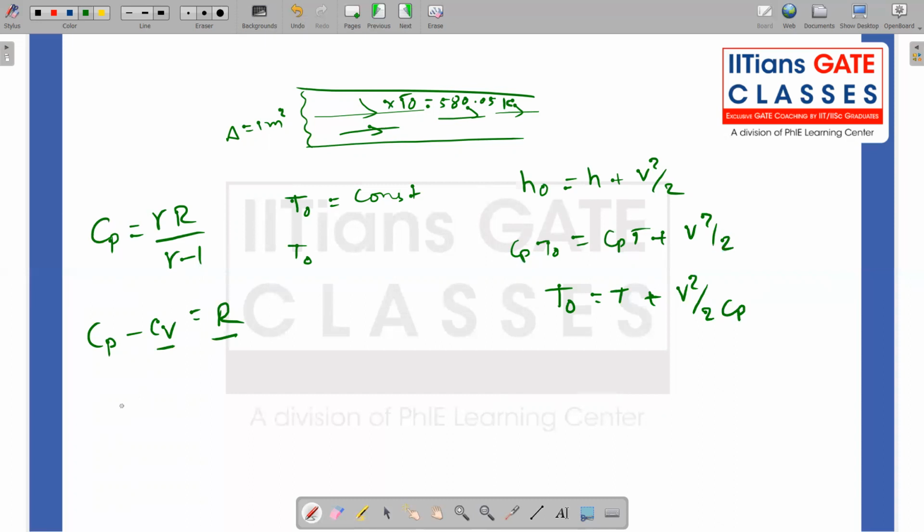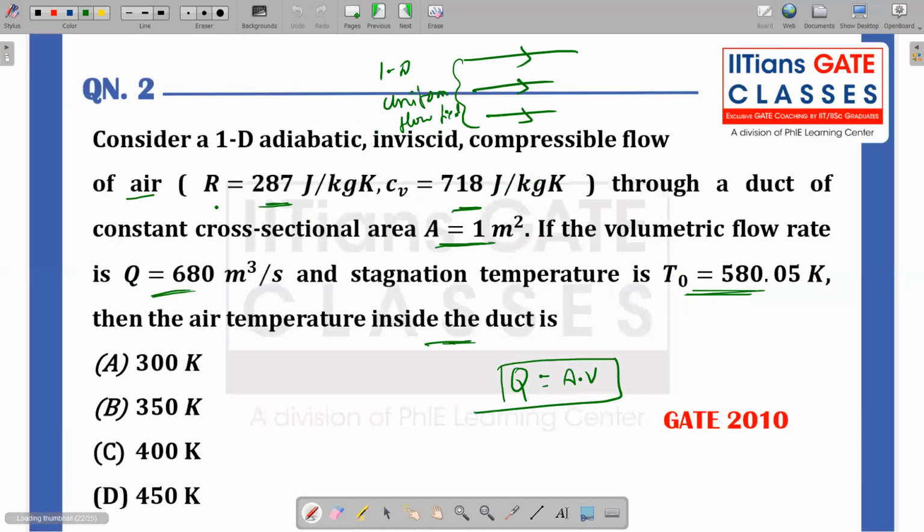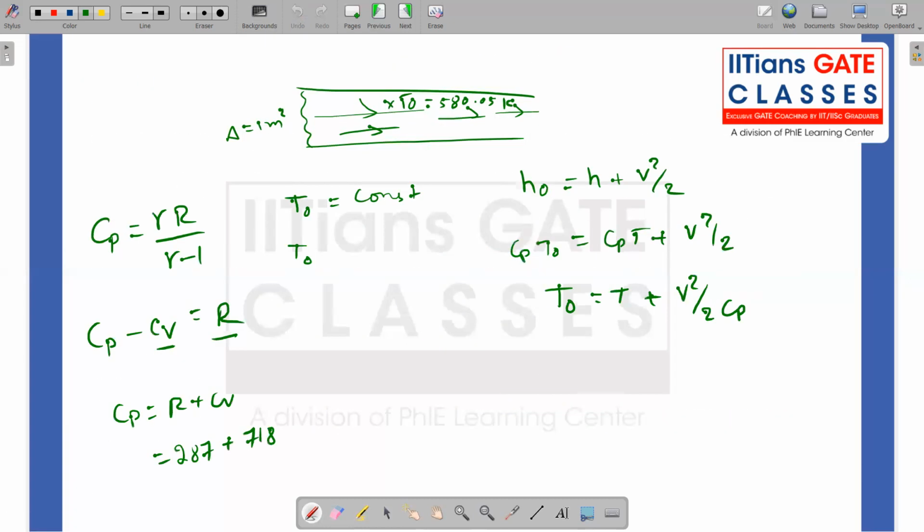If I have to calculate Cp, that is nothing but R plus Cv. So that is 287 plus 718, that is given in the problem. If I add those together, I will get Cp. Cp is calculated, in units of joules per kg Kelvin.